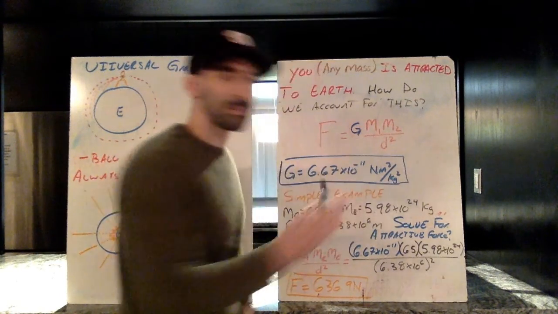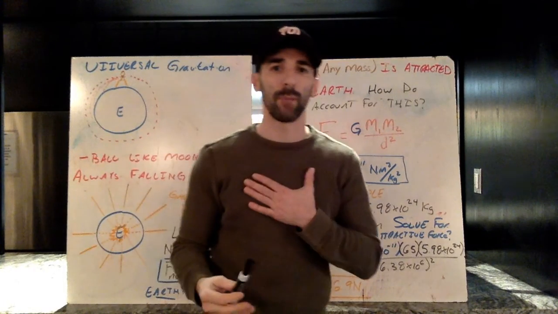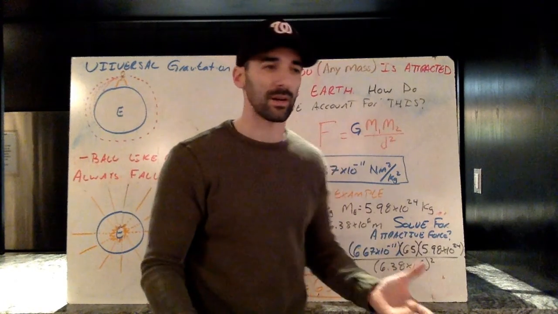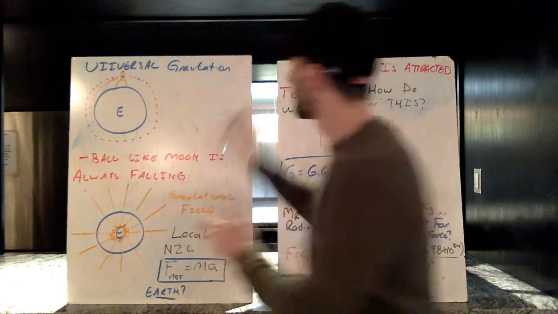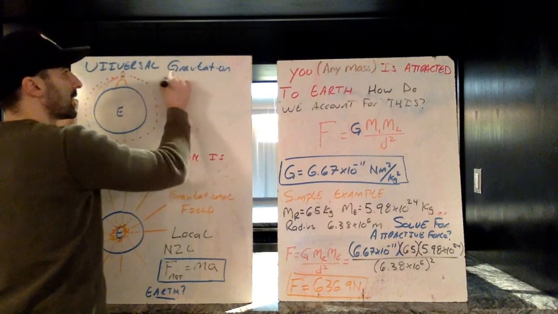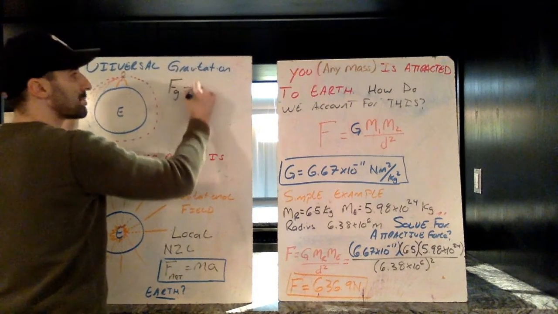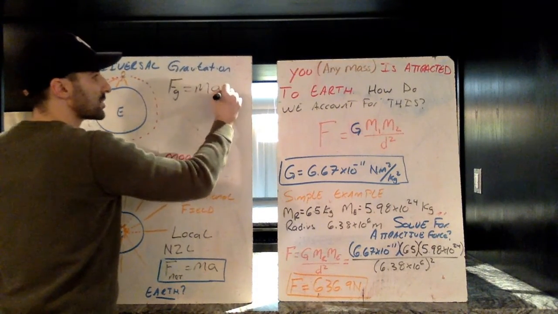Let's do a simple example that we've done a bunch of times before. What would my weight be in newtons here on Earth? Normally I would do F equals ma. The force due to gravity on Earth is my mass times the acceleration of gravity.